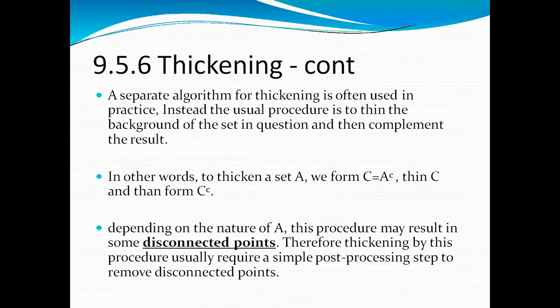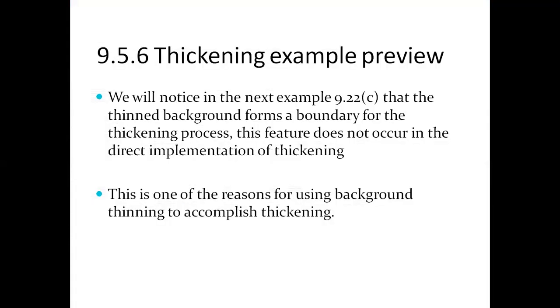Therefore thickening by this procedure requires a simple post-processing step to remove the disconnected points. Next, the thinned background forms a boundary for the thickening process. This feature does not occur in the direct implementation of thickening, so this is one of the reasons for using background thinning to accomplish thickening.